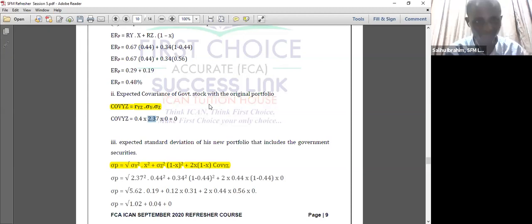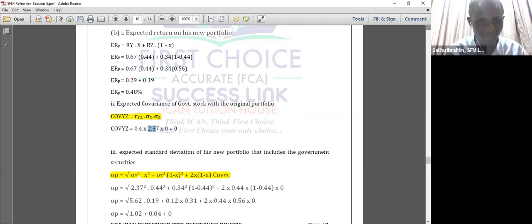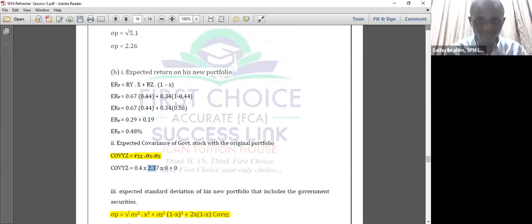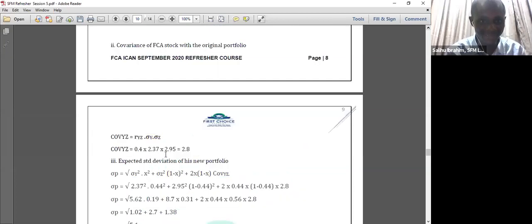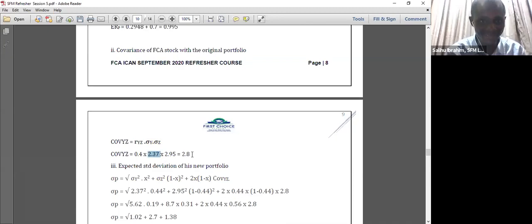I think I've jumped to B. We are still in Roman figure 2, A. So that gives us 2.8. That is the covariance of the two stocks.